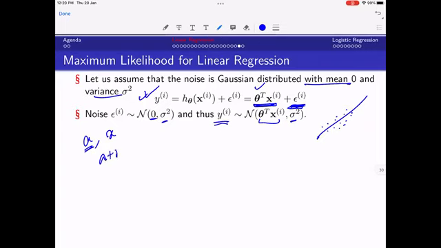Then a plus x is also a Gaussian whose mean is a plus the mean of x, and whose variance is equal to the variance of the Gaussian. So please go back to the Gaussian random variable, maybe in your very first statistics course, you will find this result.